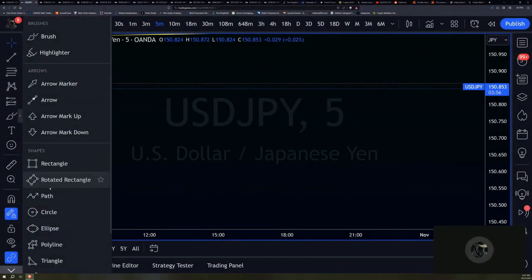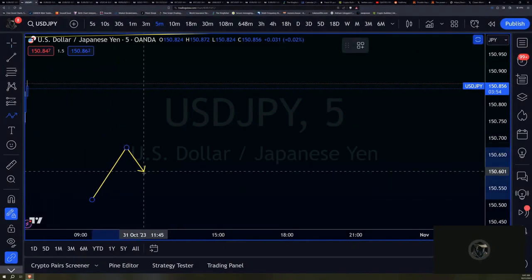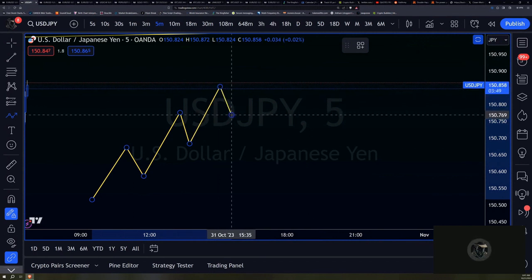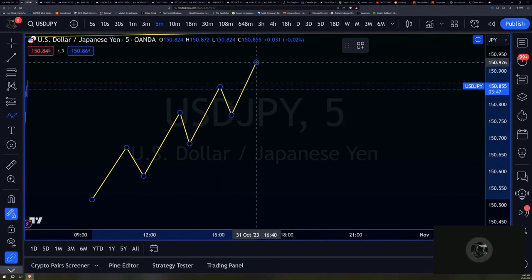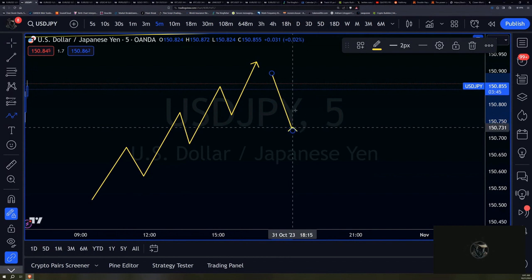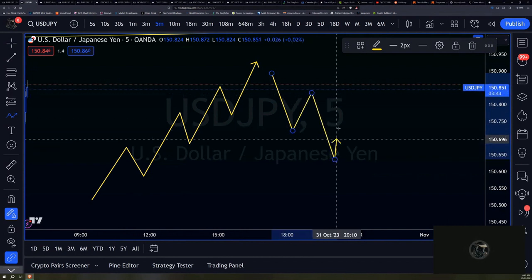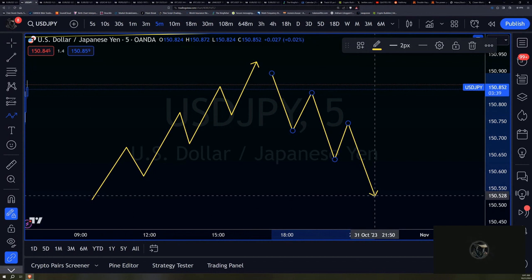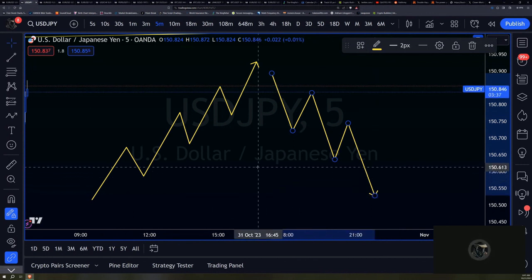When you're in a trend, it's easy to identify. An uptrend has higher highs and higher lows, and a downtrend has lower highs and lower lows. You can say that either way, it's lowers, right?